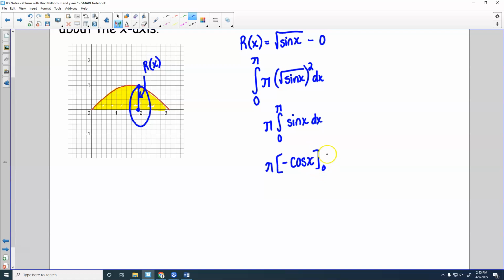And we're evaluating that from 0 to pi. So we're going to have pi times negative cosine of pi minus negative cosine of 0. That double negative right there becomes like you're just adding.